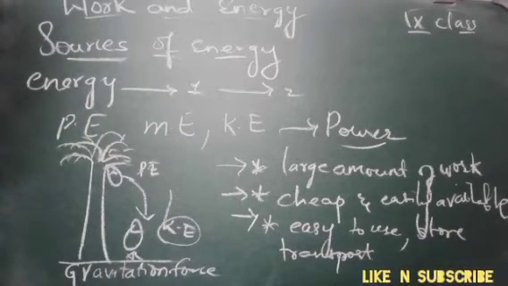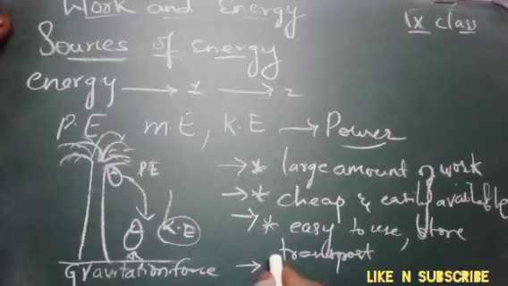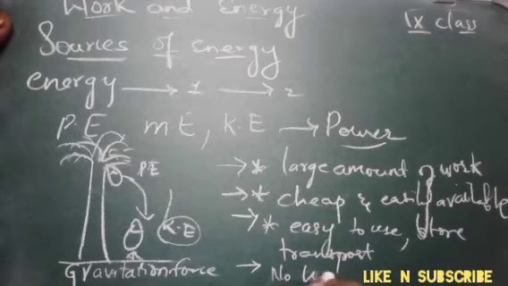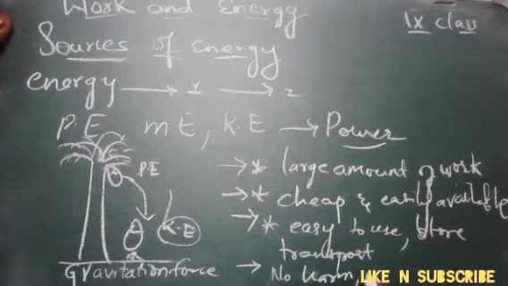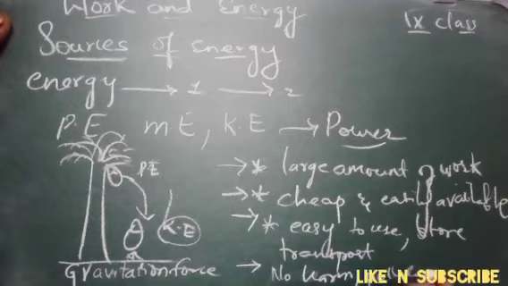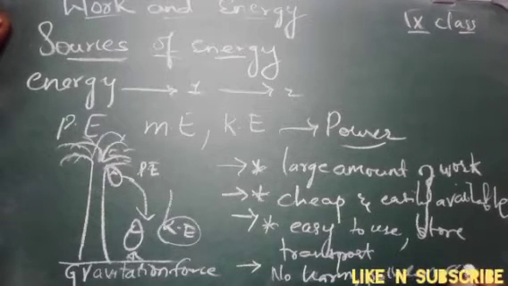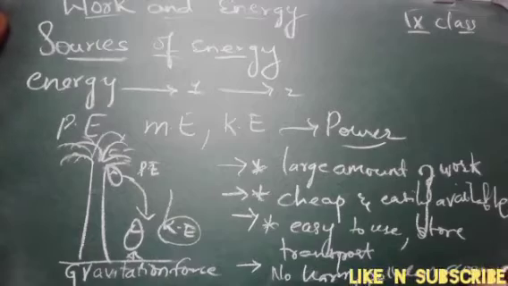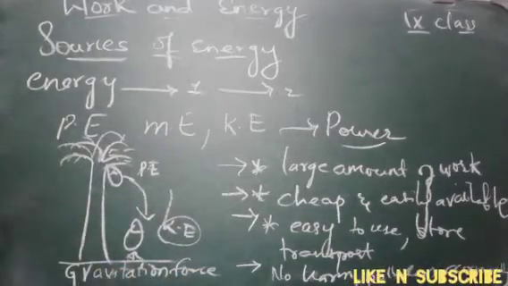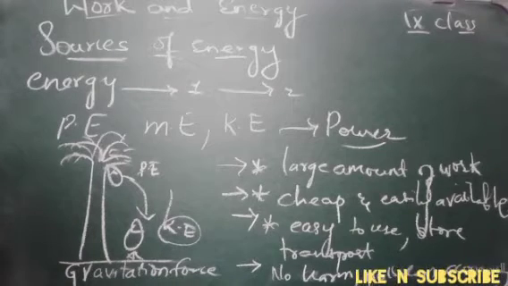It must also be most economical, and it should not cause any pollution or any harm. It should be economical, safe, and easy to purchase. So what are the good sources of energy?